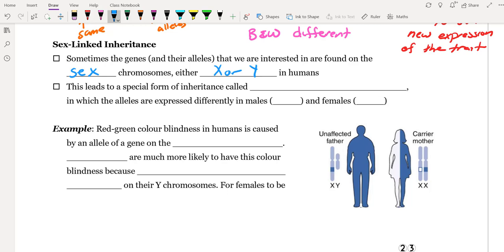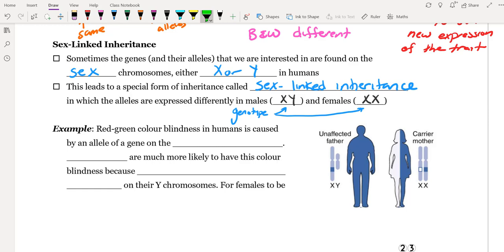This leads to a special form of inheritance called sex-linked inheritance, in which the alleles are expressed differently in males, which are XY, and females, which is XX, right? So remember, XY and XX is referring to genotype.